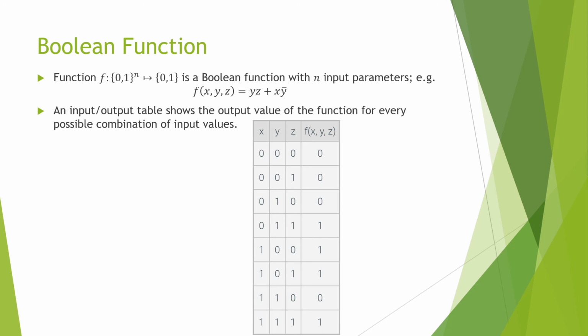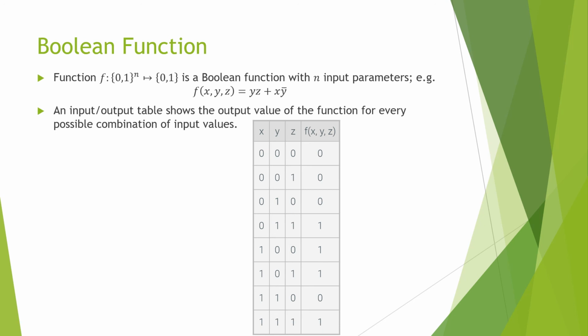And then in the last column you can write down the value of f of x, y, and z by replacing x by 0, y by 0, and z by 0 in this Boolean expression, and finding the value of this expression by evaluating it.